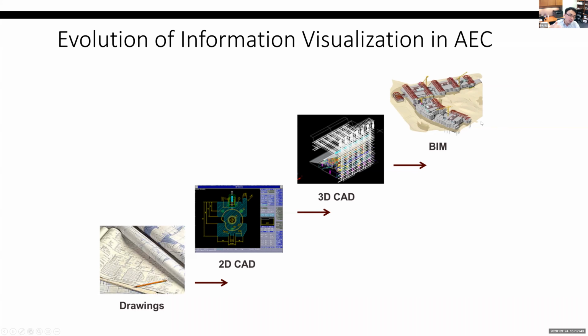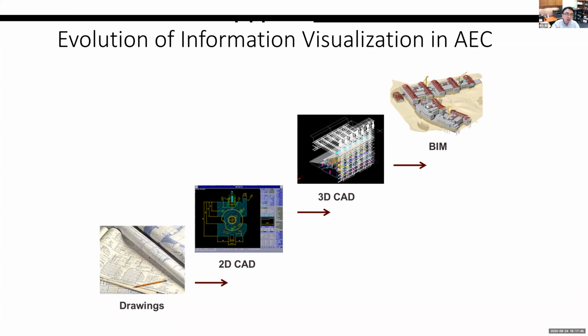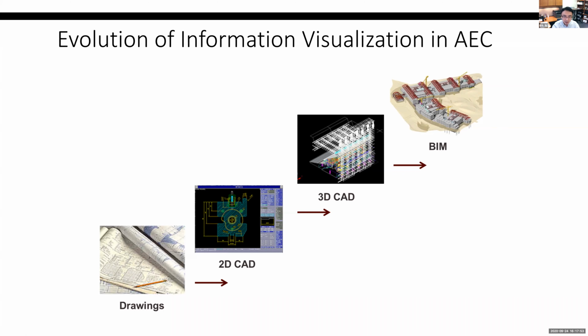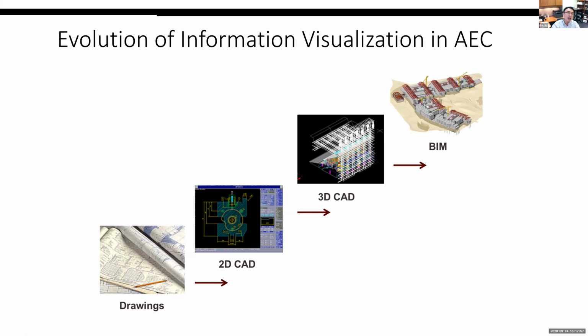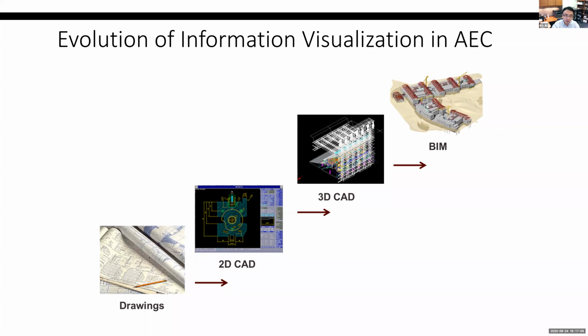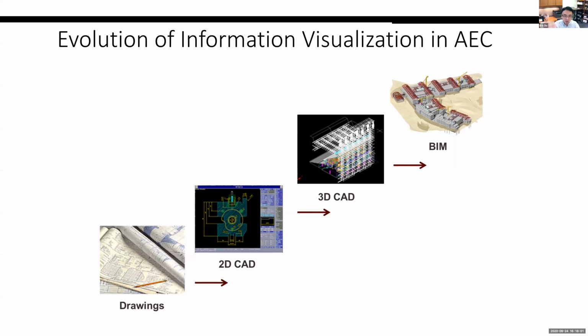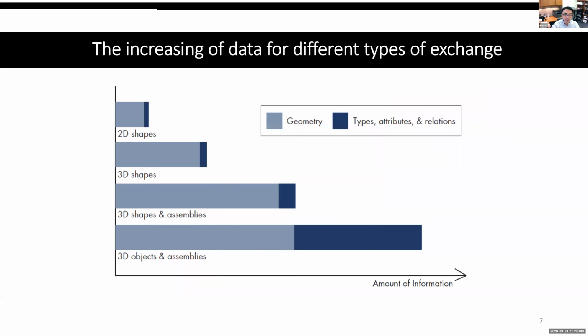None of the 2D, 3D drawings would give you the chance or opportunity to store useful information inside the model. They only store one type of information, which is the geometry, the size, right? X, Y, Z. But right after the invention of BIM, we start to be able to store more and more information into it.